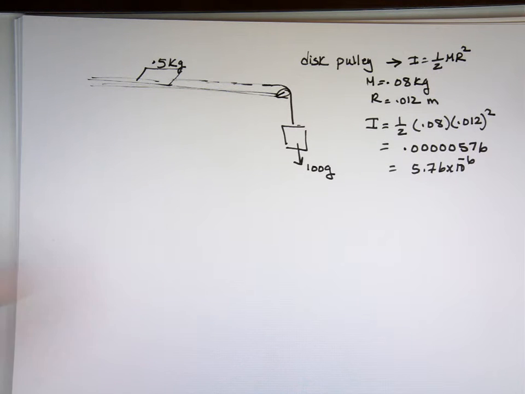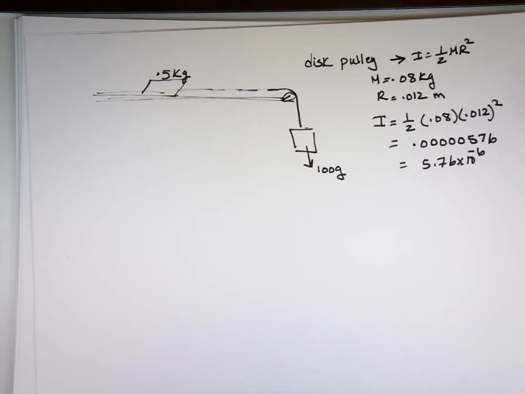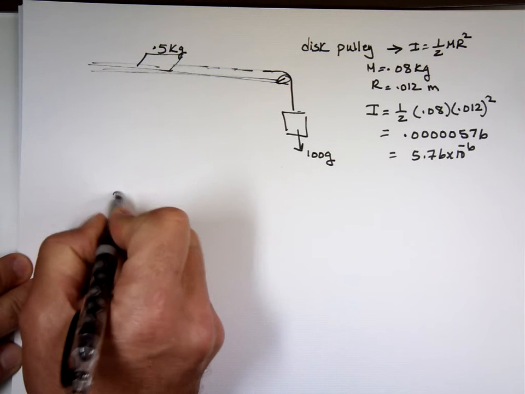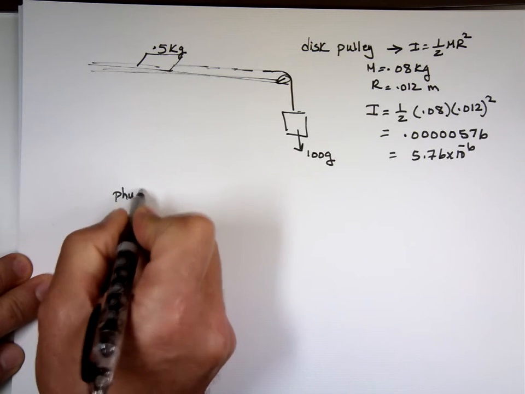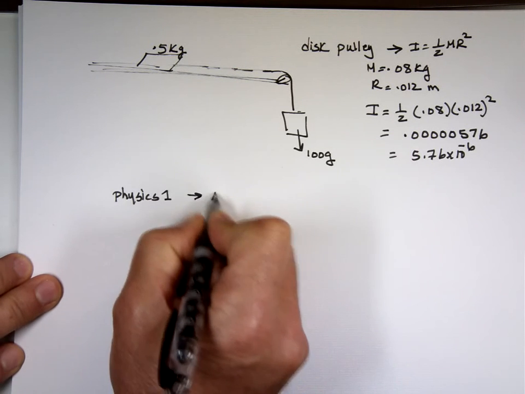Now I'm going to show you what we did last semester, and then what we're going to do today. Last semester we neglected the pulley. In Physics 1 you never dealt with the inertia. That's how we approached it in Physics 1: we did it with no inertia.